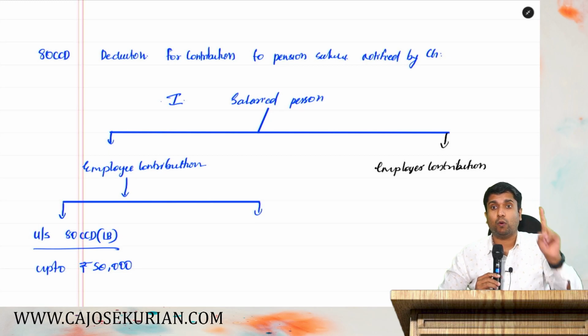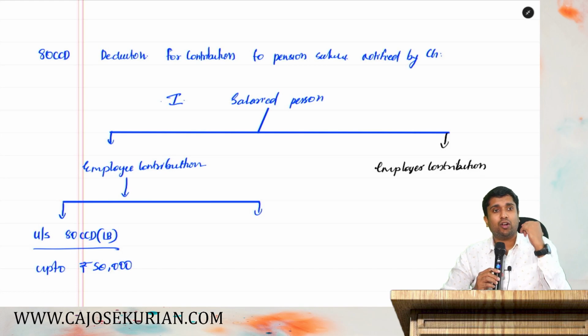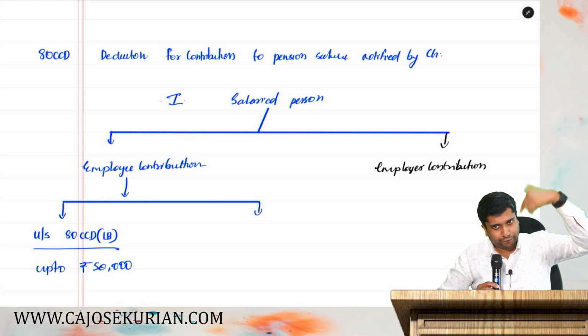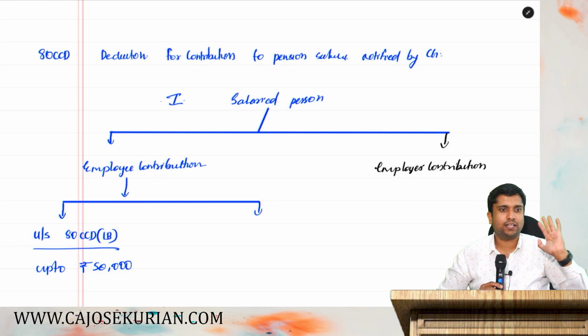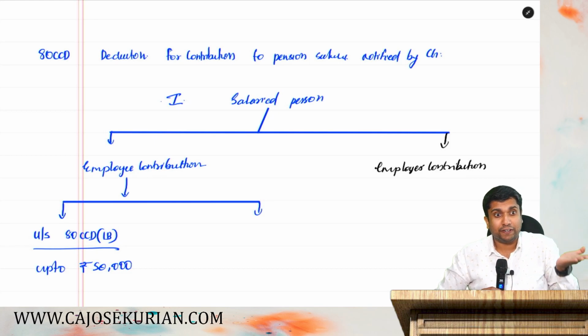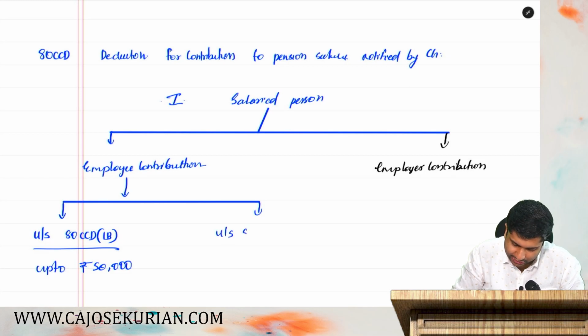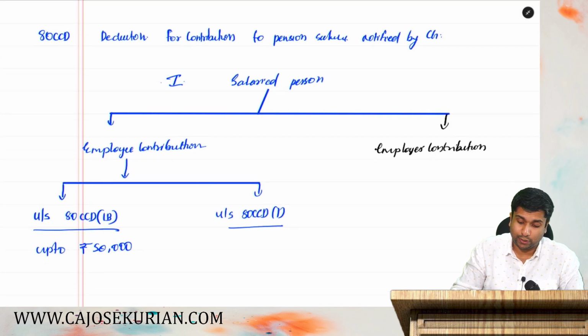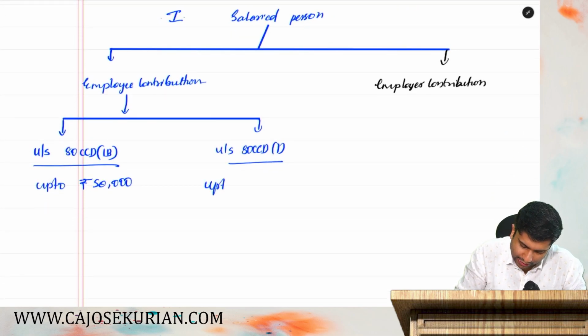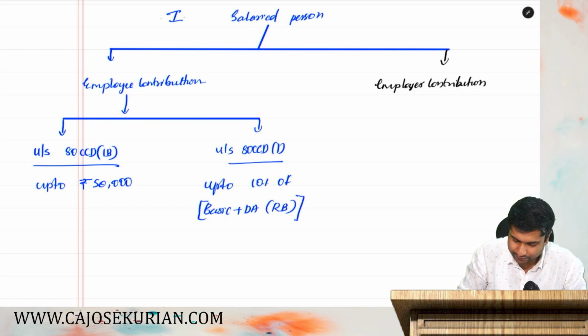Under 80 CCD subsection 1B, if your actual contribution in a year exceeds 50,000, then up to 50,000 only you can claim as a deduction. If it exceeds 50,000, then you have to compute deduction under section 80 CCD subsection 1, subject to a ceiling limit: up to 10% of basic salary plus DA forming part of retirement benefit is allowed as a deduction.